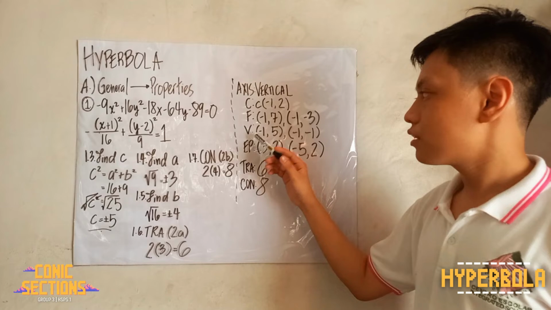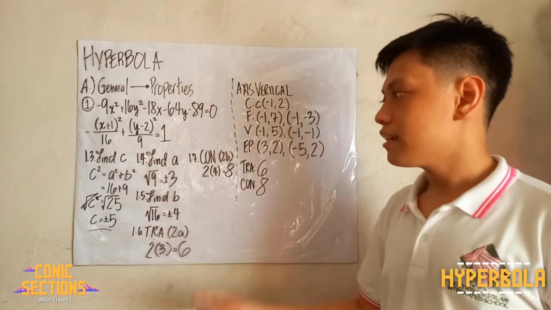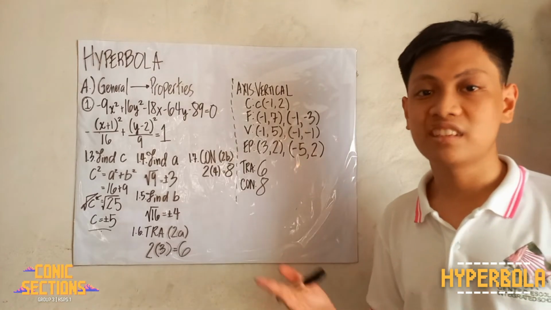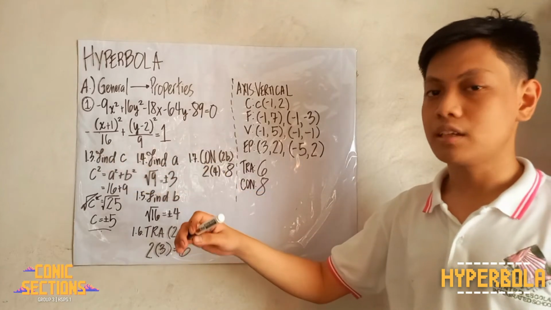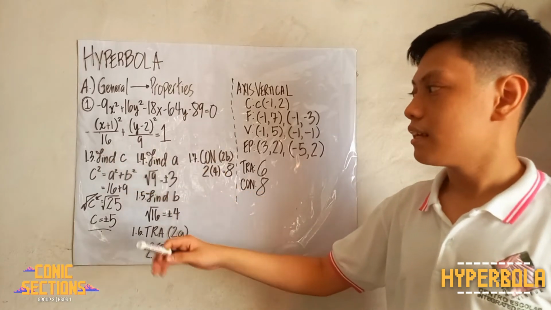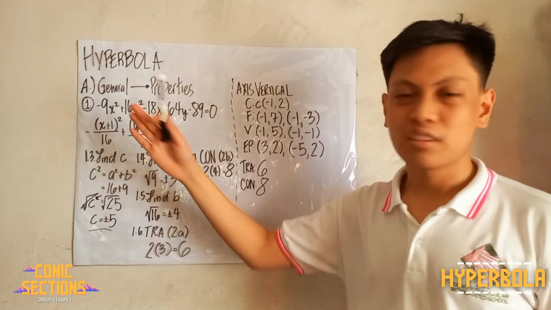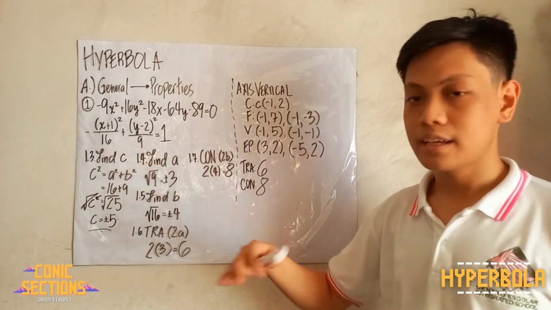Now for solving for the vertex, we need to find a. And finding a, you simply need to take the square root of the biggest denominator. In this standard equation, the biggest denominator here is 9. Usually the signs are the indicator of which denominator is the biggest.